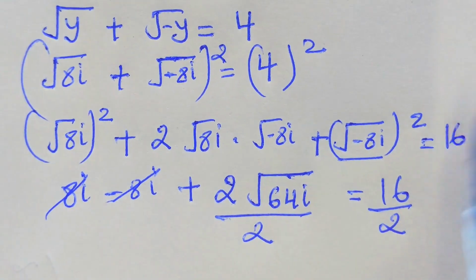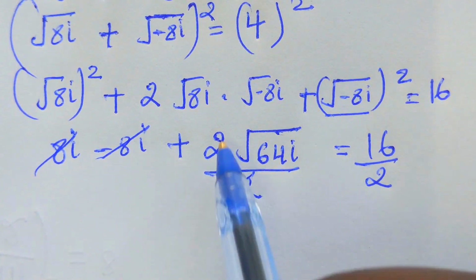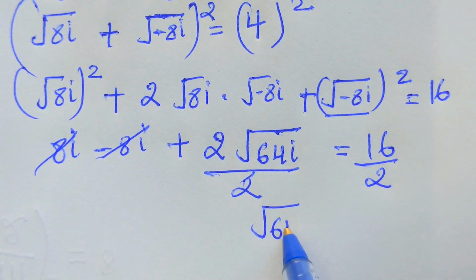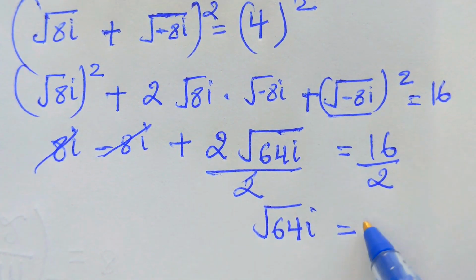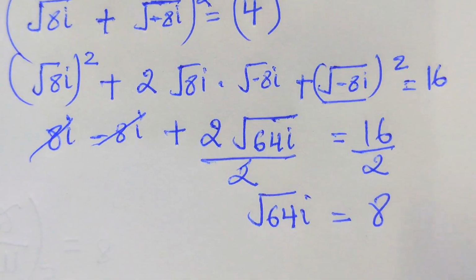and of course this and this will be cancelled to get, here divide by 2, and here we have to divide by 2, and then we have square root of 64i, which equals 8, right.